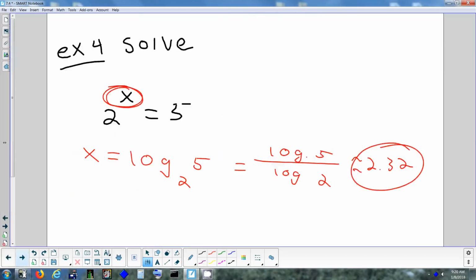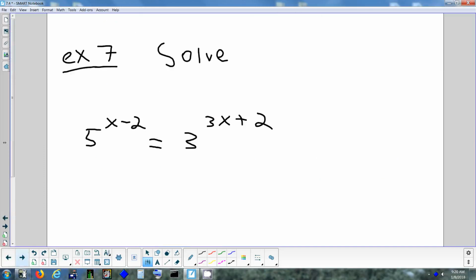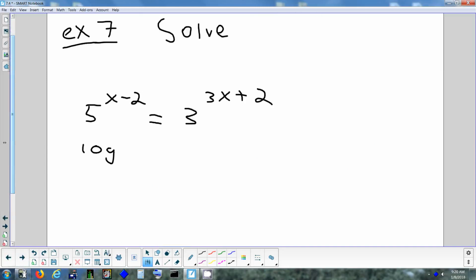So what I'm going to do, something a little different that we haven't done in this class, is take the log of each side. Remember, from algebra, as long as you do it on both sides, you're okay. You just have to balance it out. So let's take the log of the left and take the log of what's on the right. And I'm going to do log base 10. All right, so we have log of 5 to the x minus 2 equals log of 3 to the 3x plus 2.